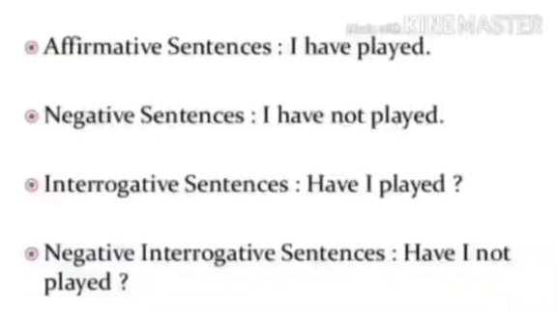One more example: all my beloved grade 10 students are listening to the topic tenses. That is positive. All my beloved 10th class students are not listening. That is negative. Are they listening? Again interrogative. So for each sentence we will have positive and negative. You are listening, you are not listening. I am teaching, I am not teaching. The fan is running, it's not running. The same thing will be there for each and every sentence.